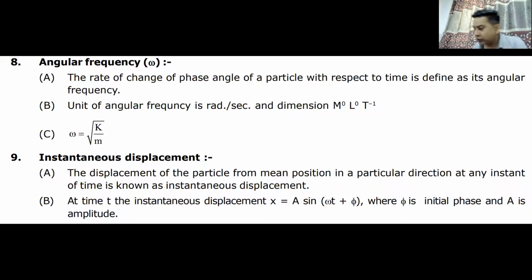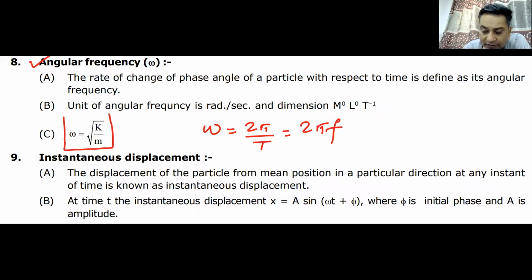Yes, sir. Let me move ahead and again come back to what we have already done. We have already understood the meaning of angular frequency. Angular frequency is omega, and omega is 2 pi by T, or it is equal to 2 pi f. The formula for omega here in simple harmonic motion also becomes root over k by m, or it also becomes root over C by I. Do we remember this? Yes or no?